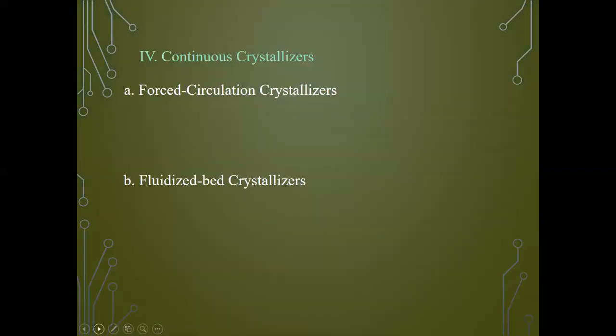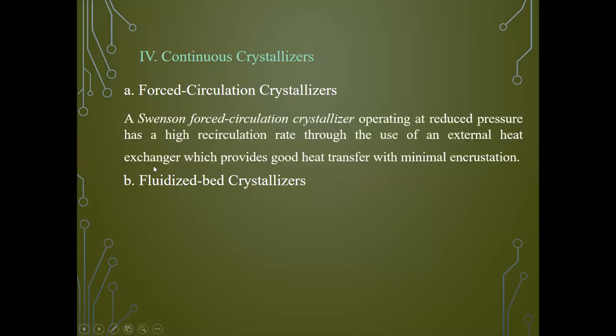Now, the last type are the continuous crystallizers, and these are usually the crystallizers that come out of the board exam, aside from the Swenson-Walker type of crystallizer, which I have discussed. Under the forced circulation crystallizer, we have the Swenson forced circulation crystallizer.